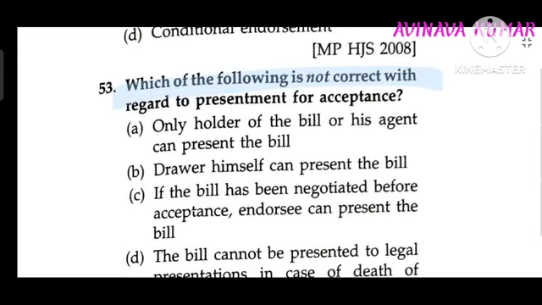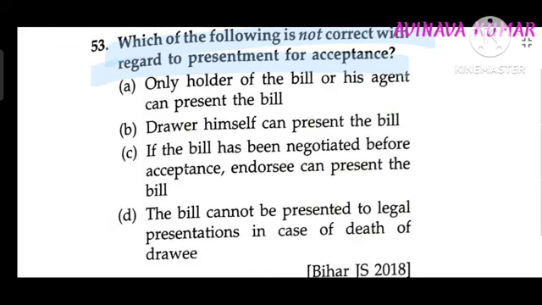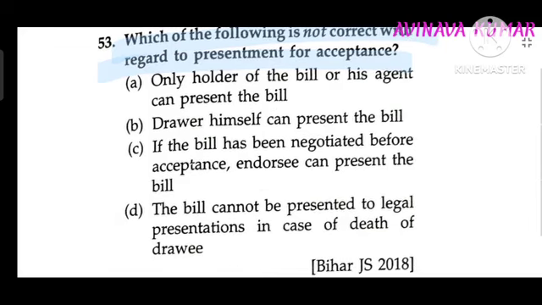Which one of the following is not correct regarding presentment for acceptance? D is incorrect. Which is correct? Only the holder of the bill or his agent can present the bill. Drawer himself can present the bill. If the bill has been negotiated before acceptance, the endorsee can present the bill.